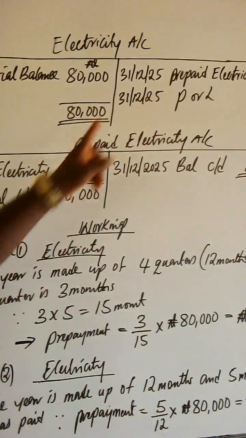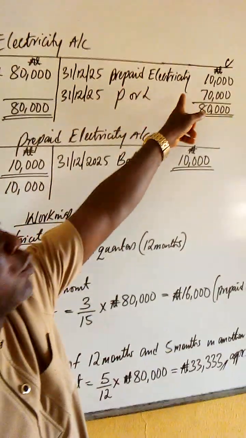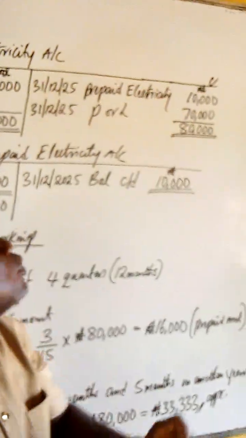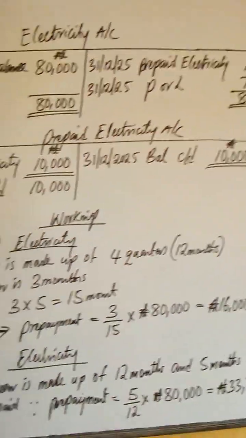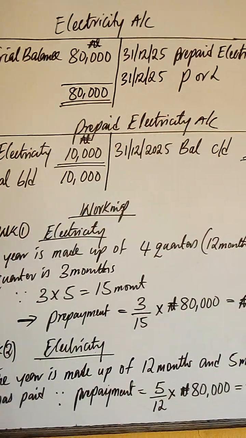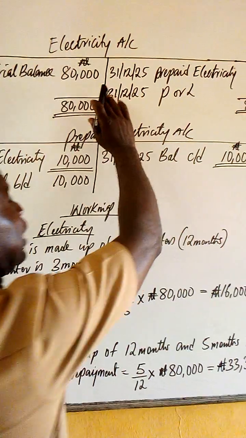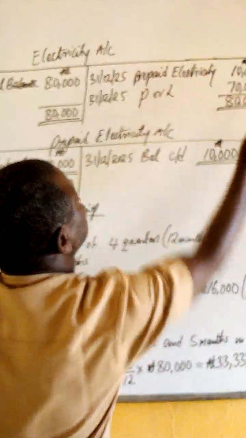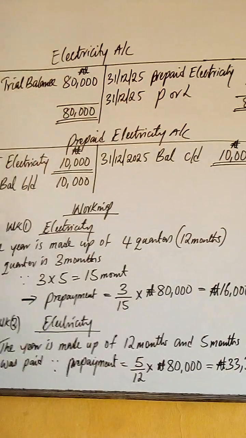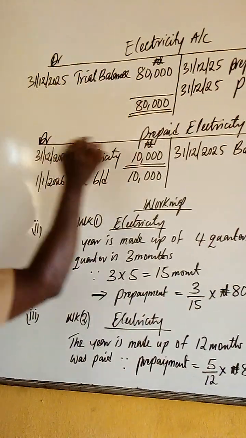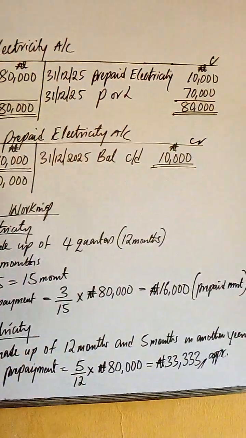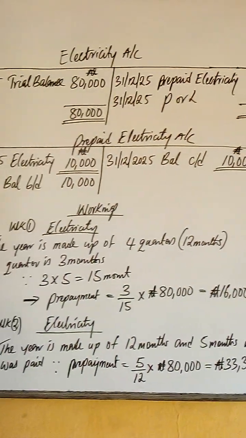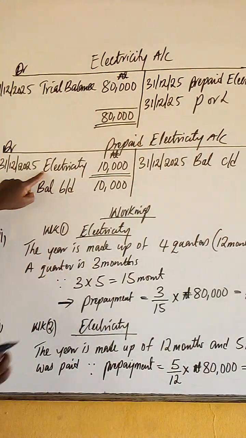But mind you, now that you create what is called prepaid electricity, this gives an account called the prepaid electricity account. Then a corresponding entry, because any credit entry must have a corresponding debit entry. It means you are coming to debit your prepaid electricity as it's coming from the electricity account.